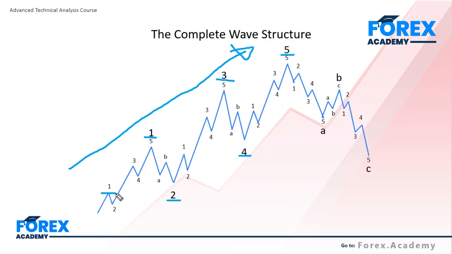In other words, the impulses are wave 1, wave 3, and wave 5. We also have 2 corrective waves, wave 2 and wave 4, and these break down into a 3-wave structure, A, B, C. And that will then complete wave 2 before the uptrend resumes.